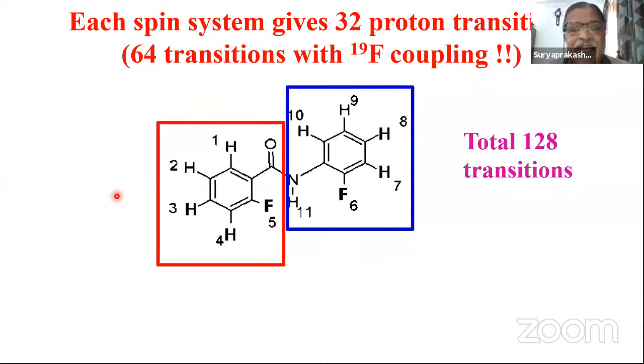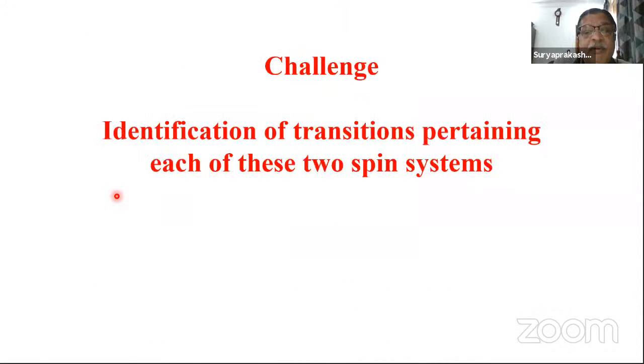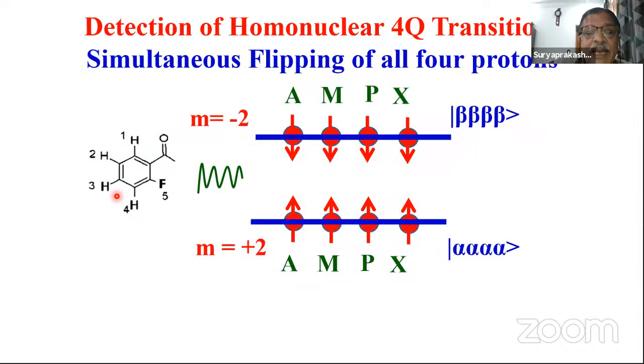To understand that, let us see how I can distinguish between two spin states. Remember, I consider a molecule like this. If I look at the phenyl group, forget about the fluorine, I'll use a trick.